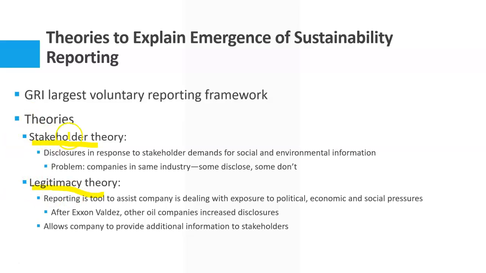So the difference between these two is that this is the pressure from the stakeholders, but the legitimacy theory is the pressure because of the political, economic, and social. So firms behave in a way that is considered to be congruent with the society's perceived goal to legitimize their performance.